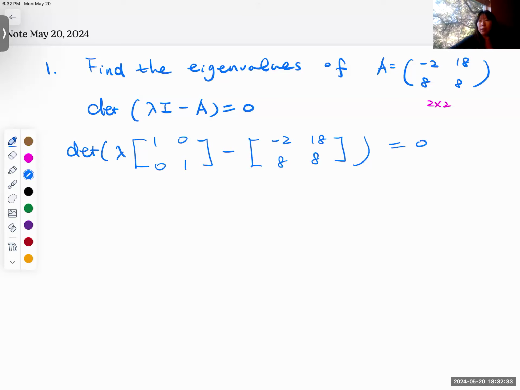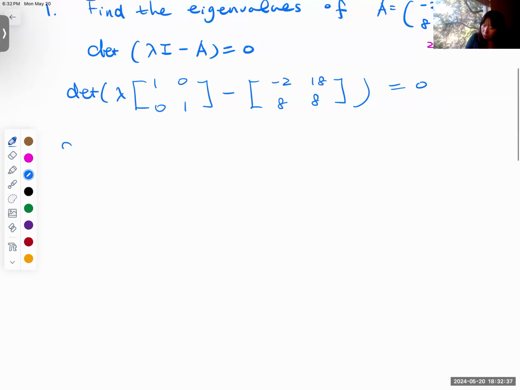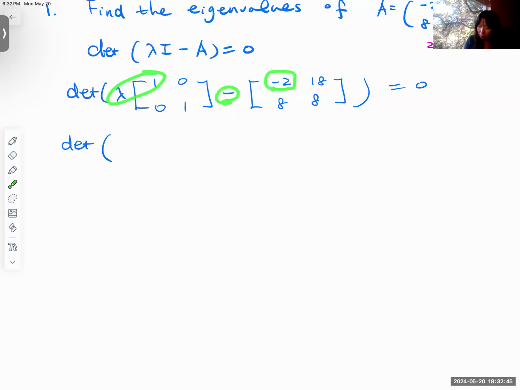Okay, then the determinant of lambda minus negative 2, but then there's a negative, right? So it's a positive 2. And this is -18.